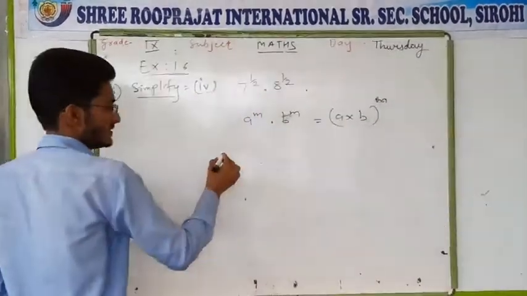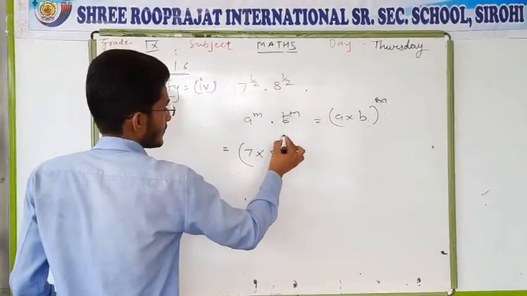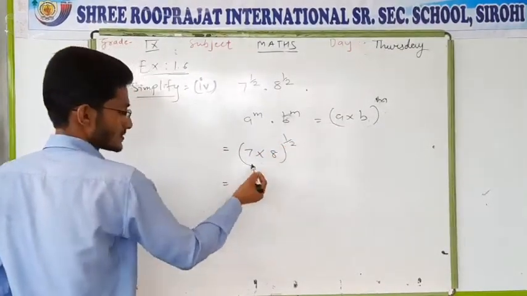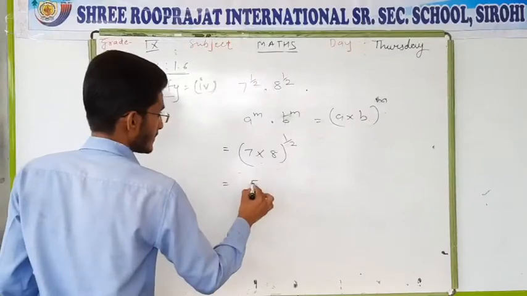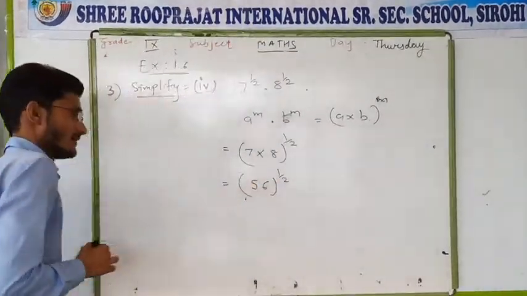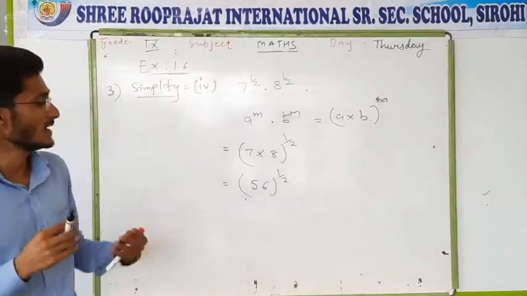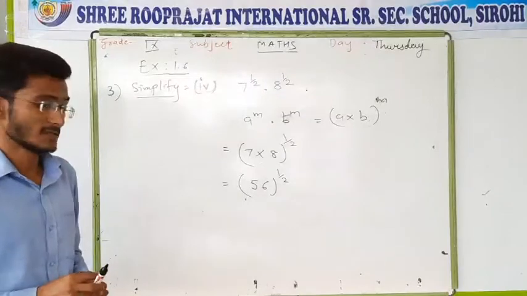So if we apply this, 7 multiplied by 8 and the power remains half. 7 multiplied by 8 gives 56, so 56 to the power half. That is the simplification of this question. You don't need to find the square root value of 56.